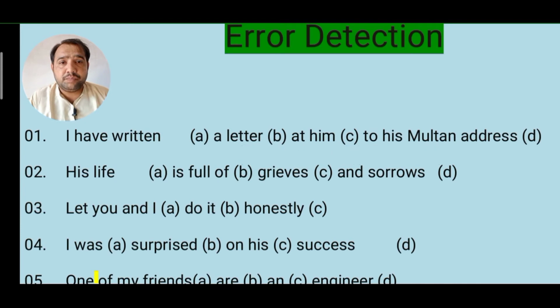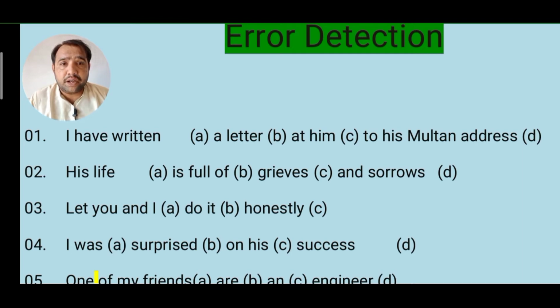Guys, through these examples we will find out the error, that is, which part contains an error. So let's start. According to number 1, I have written a letter at him to his Multan address. Guys, this whole sentence is divided into 4 parts: Part A, Part B, Part C and Part D. Here we have to point out which part contains an error.